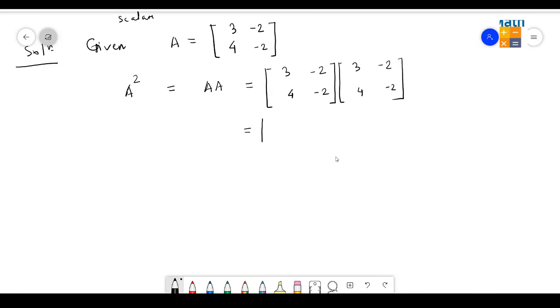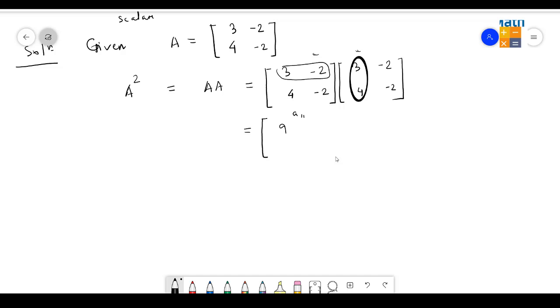For the A11 position, we have to choose the first row of the first matrix and the first column of the second matrix. While finding the product, what do I get? 3 into 3, it is 9. Then minus 2 into 4.